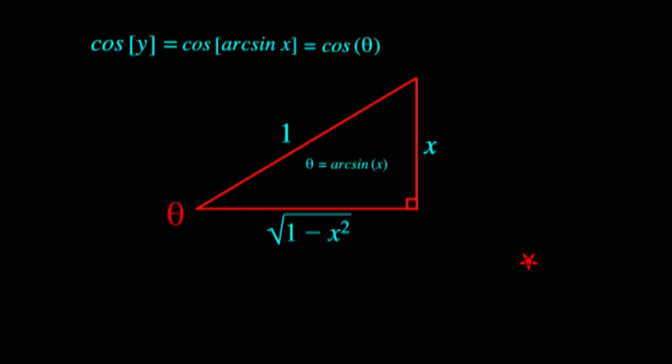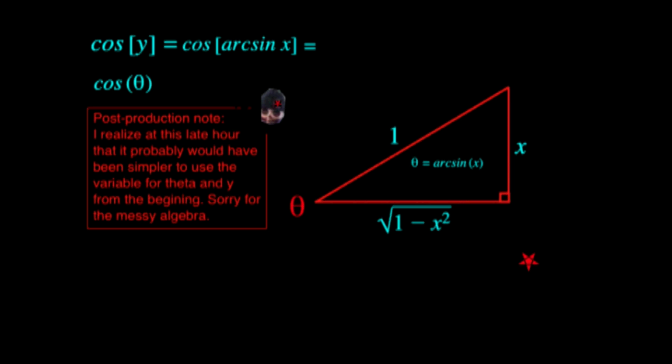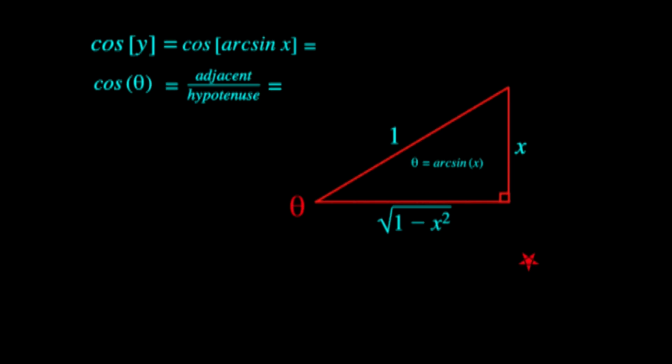It's important to notice that cosine of theta is no different than that of cosine of y in this context. Really should have worked out a simpler scheme for these variables, but I'm sure someone will give me an earful about it in the comments. And both are equal to the adjacent side divided by the hypotenuse.